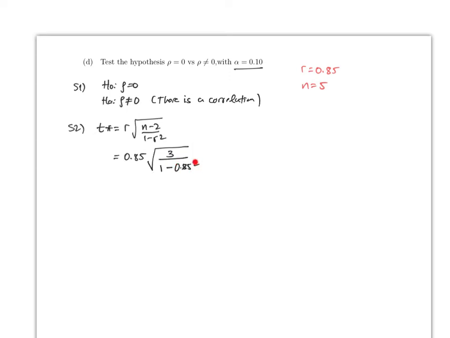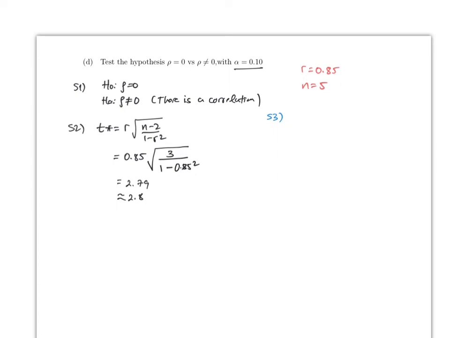So square this first, subtract from 1, divide 3 over that, take the square root, and then multiply by 0.85. And I know it sounds like a lot, but that's what you need to do. All right, so just try and tell me what you get. So this is 2.79 or 2.8.